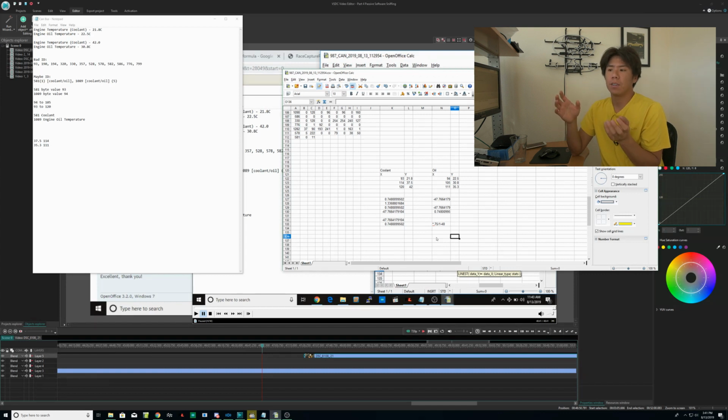That's if that information is available via passive sniffing, or passive reading, of the CAN bus. In other situations, like with the Subaru, some of the more complex engine parameters cannot be passively read from the CAN bus, but have to be actively requested, right?